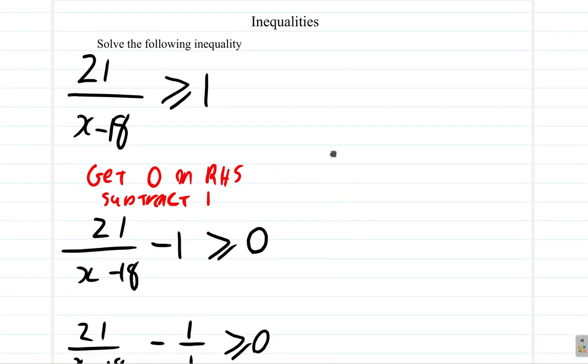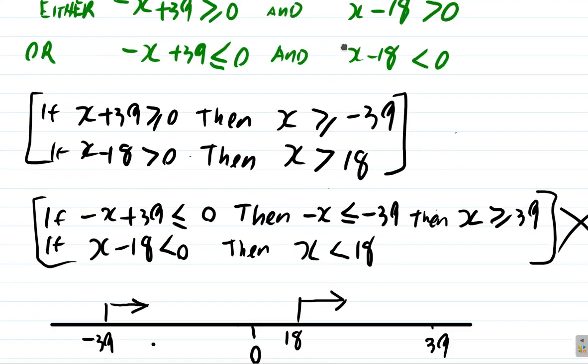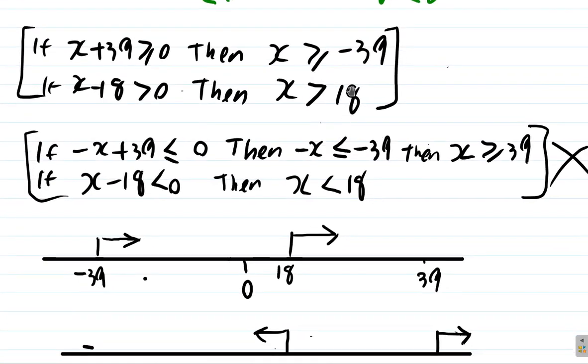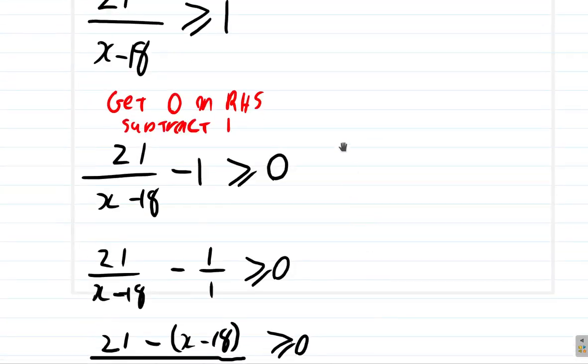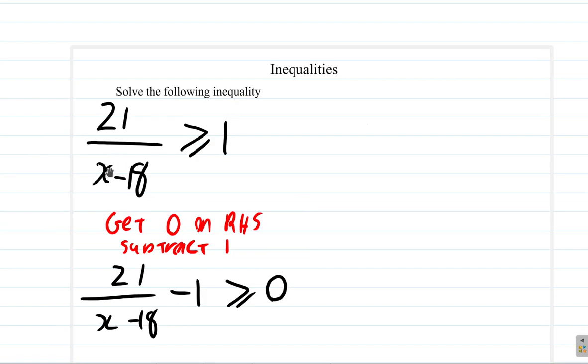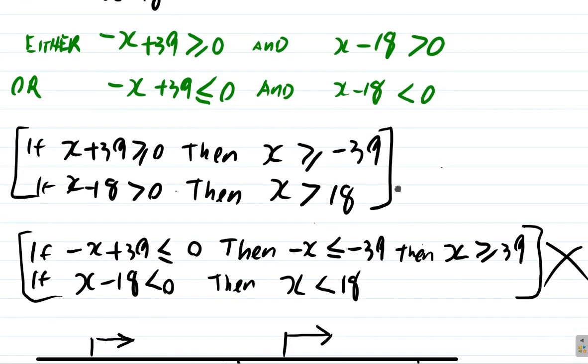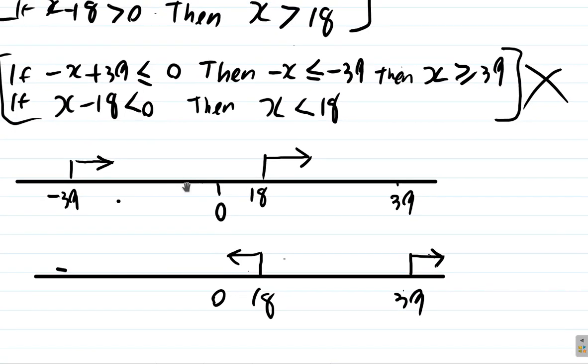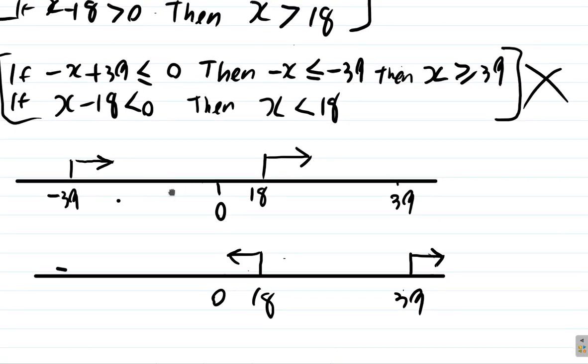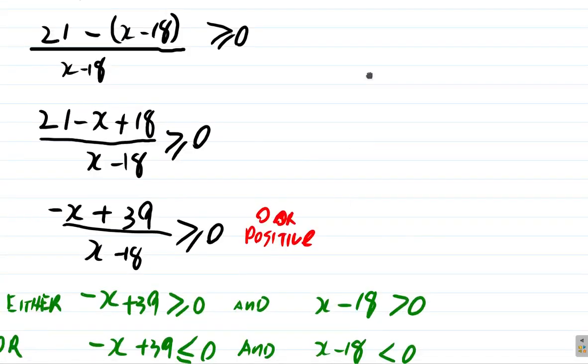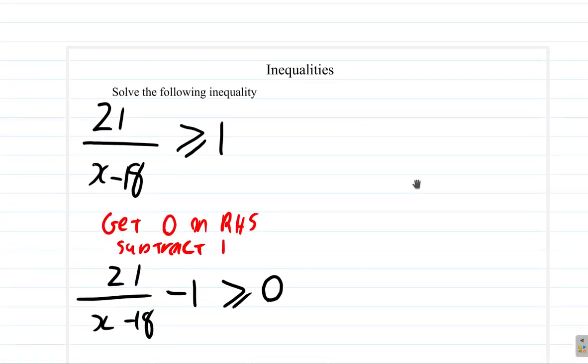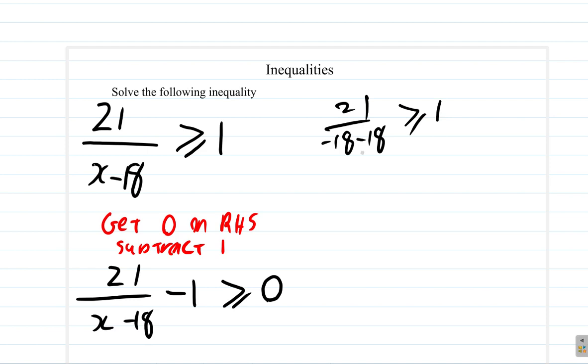Alright, so let's look back at it now. 18 cannot work because it means that you're going to divide by 0. If we try something on this side, suppose we try negative 18, it's not supposed to work. 21 over negative 18 minus 18 must be greater than or equal to 1.